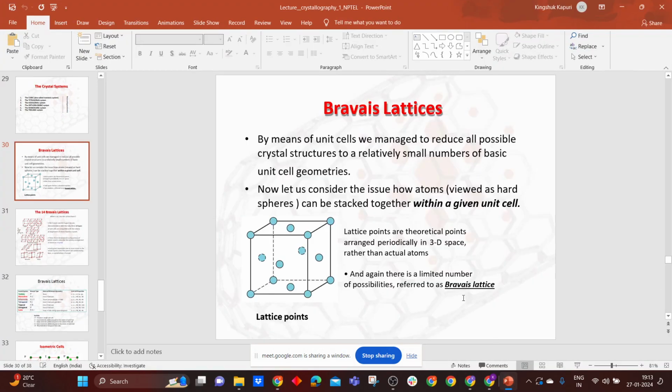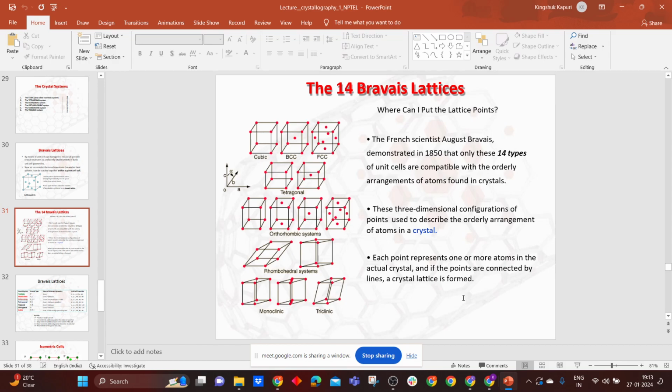And so there are 14 Bravais lattices. Now this concept of the Bravais lattice was first described by the French scientist Auguste Bravais in 1850. He named 14 different types of Bravais lattice. To explain these 14 types, it has been explained with unit cell compatibility.